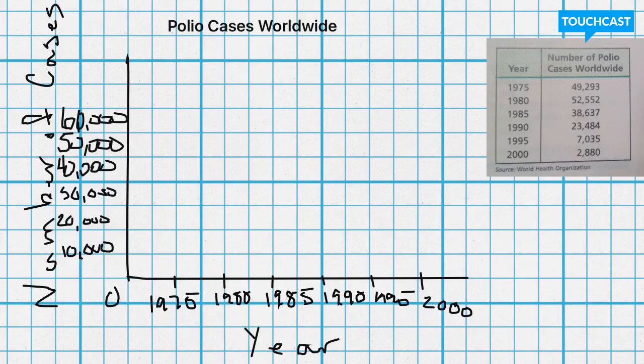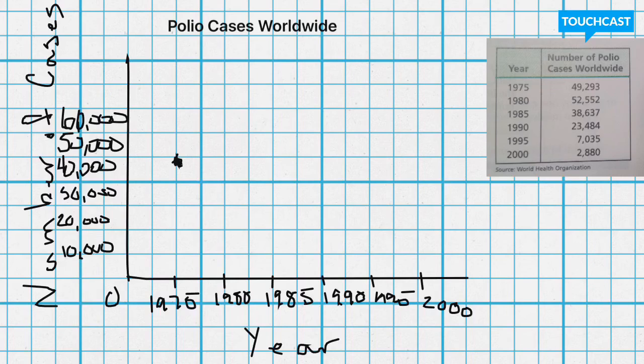So in 1975 there were 49,293 cases. So at 1975, let's just go up 10, 20, 30, 40, almost to 50,000 cases and put a dot. In 1980, there were 52,552 cases.